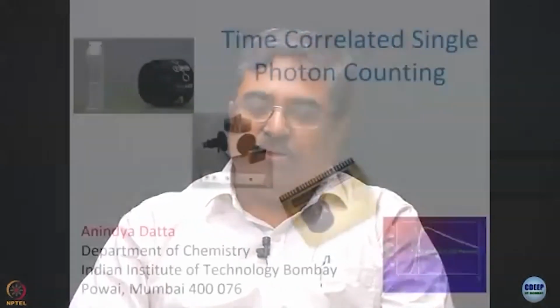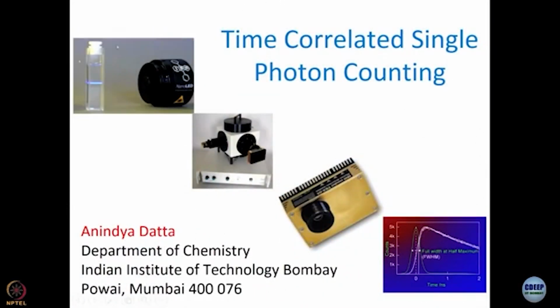This technique is called time correlated single photon counting, or as it is commonly abbreviated, TCSPC. What we see here on this slide are the different components that are used in TCSPC. This thing is a pulsed diode laser.